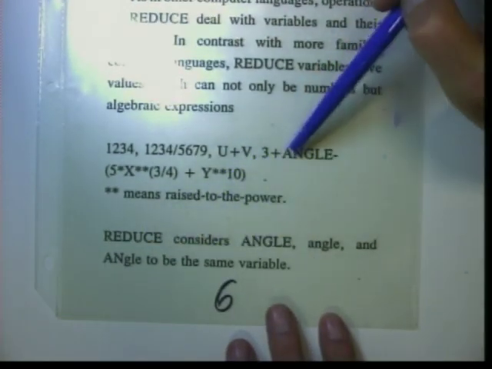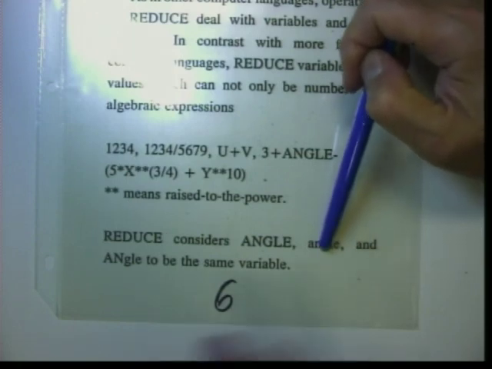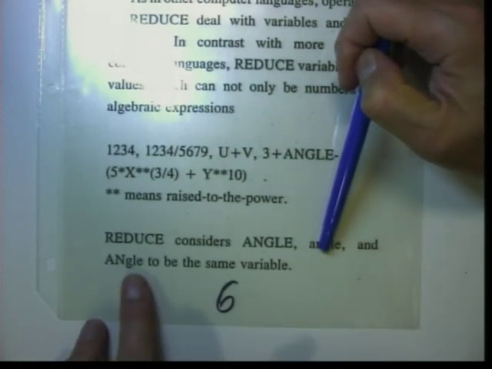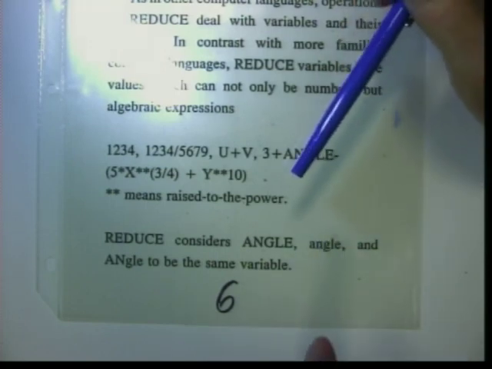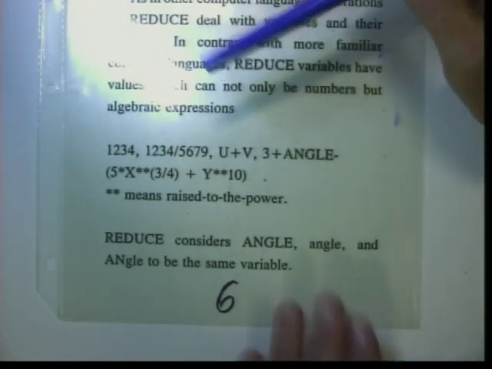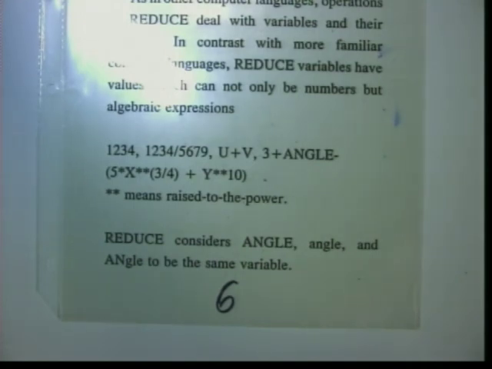Reduce considers angle, small or capital, to be the same variable. It doesn't pay any attention to whether it is big letters or small letters. This should be checked every time. When you use Maple, you'll see there is help, and you will see in the help what is happening.